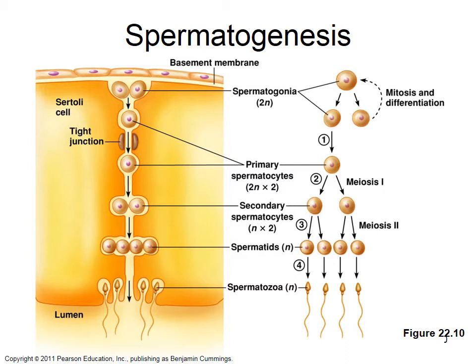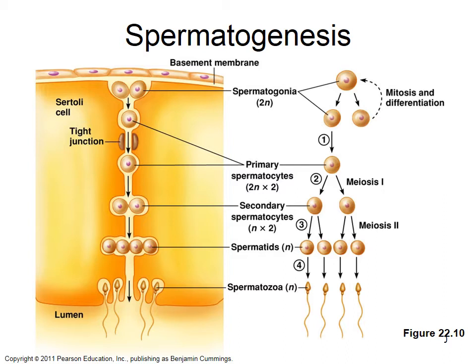And remember, cell division comes in two types, mitosis and meiosis. So mitosis is one round of replication of DNA and one round of cell division. So mitosis makes diploid daughter cells.